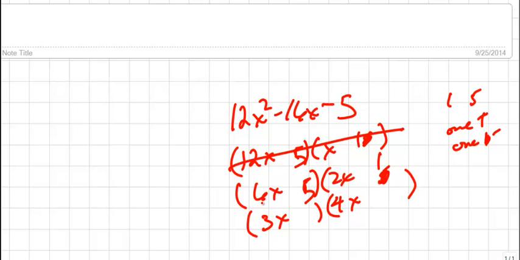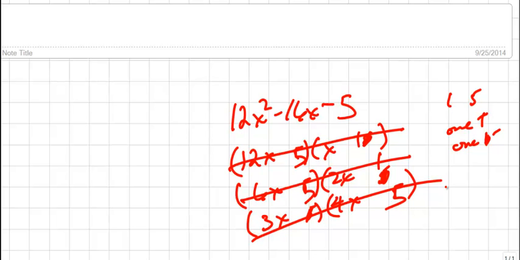That's 10 and 6. Ooh, that would work if the signs were the same, but the signs have to be opposite. So, no good there. 5 here and 1 here. That's 20 and 3. That's not going to subtract, right? 1 here and 5 here. That's 4 and 15. No, the difference there is 11. So we eliminate all the possibilities.